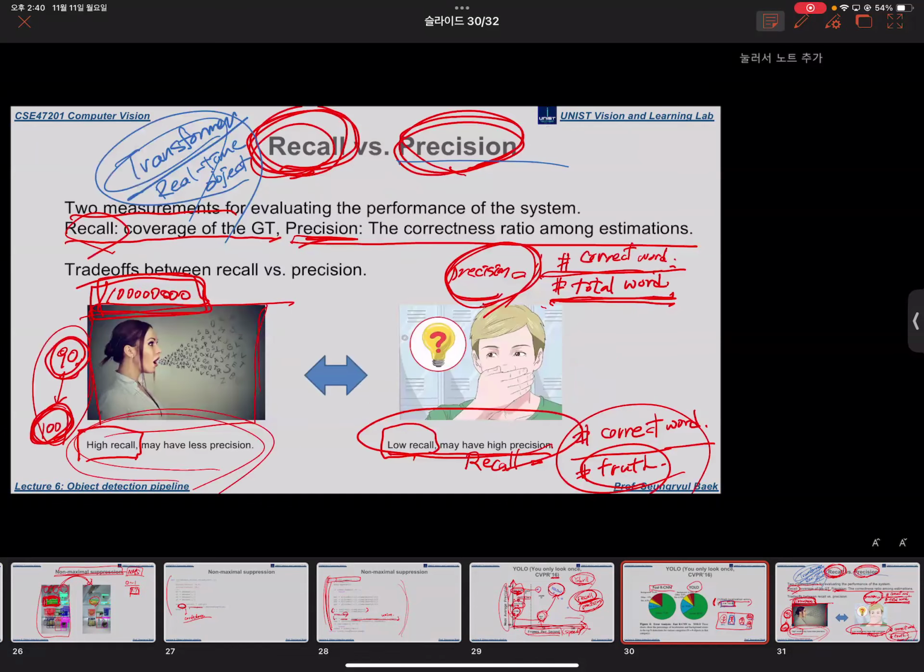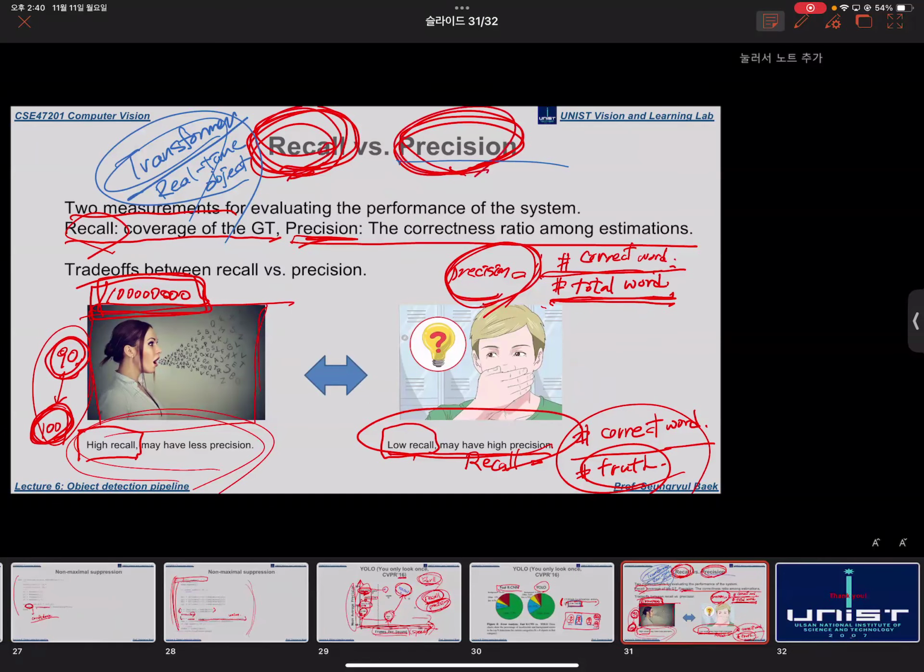And I already told you the difference between recall and precision, right? This is actually very important, and I will raise one quiz problem from here. So you have to remember what recall is and what precision is.